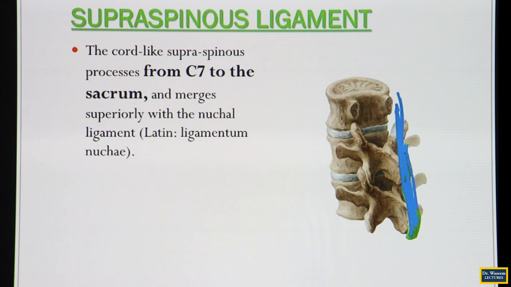This is posterior, which you have seen from inside. Like a belt it is continuous, and it continues from C2, the second cervical vertebra, downward up to the sacrum. It means the entire vertebral canal, even the sacral canal, because the continuation of the vertebral canal in the sacrum is called the sacral canal. So it will be like a belt continuing like this.